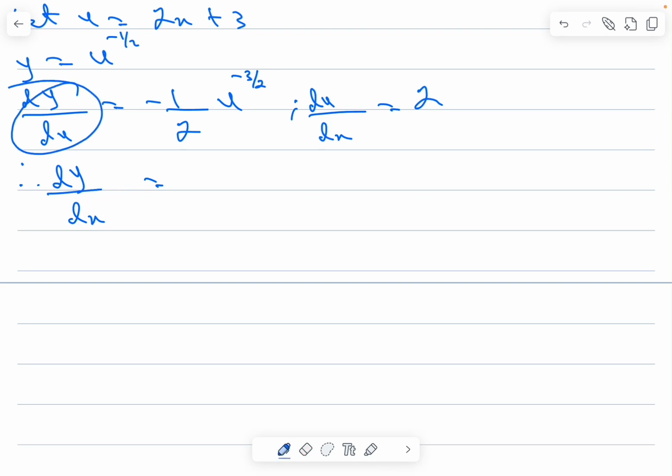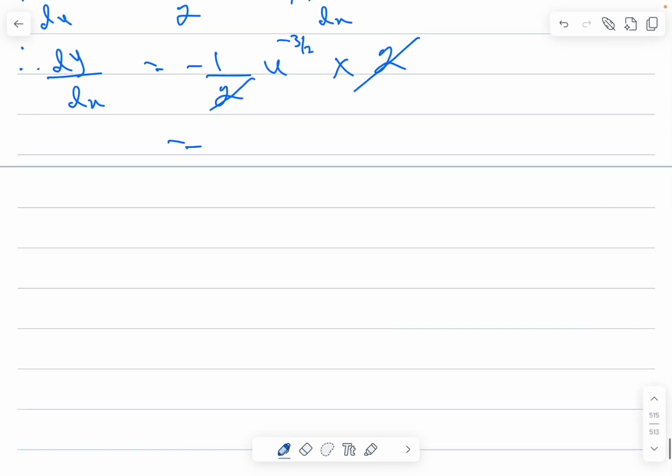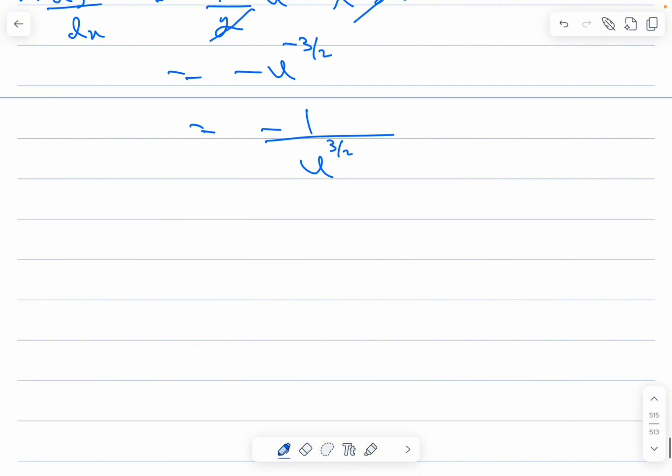And that simply means dy/dx is equal to dy/du times du/dx, and that is minus 1 over 2 u raised to power minus 3 over 2 times 2. These 2 can cancel this 2, and we'll be left with minus u raised to power minus 3 over 2, which simply means minus 1 over u raised to power 3 over 2.